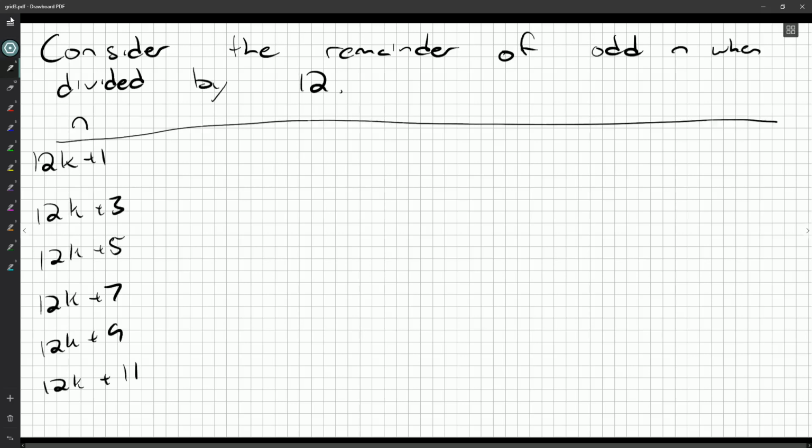So there's n. We'll get even and odd here. We'll say the range of c values. So we'll start with 4k, dividing that by 3.